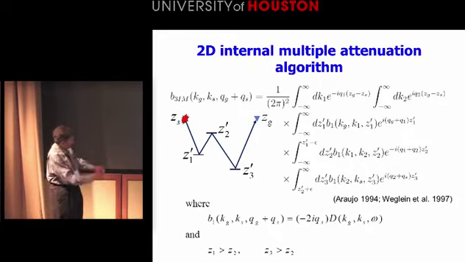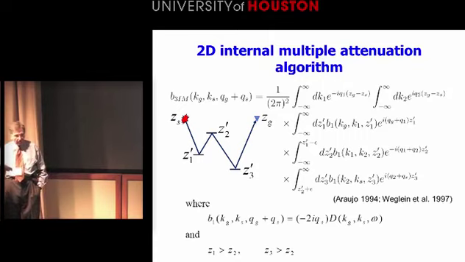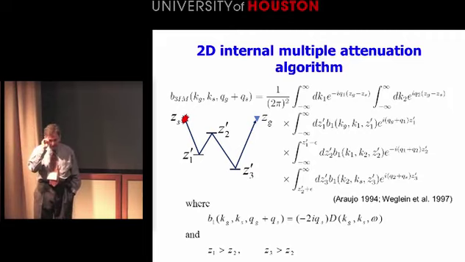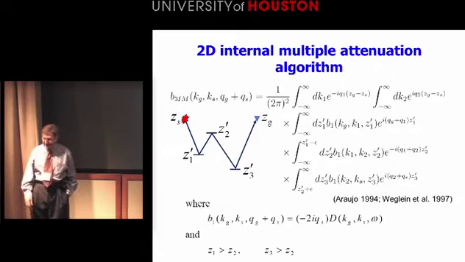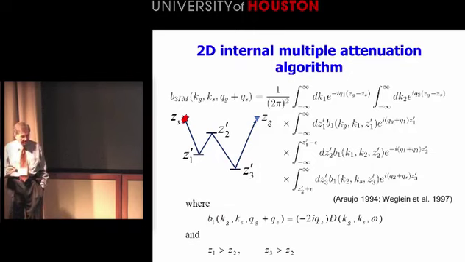This is assuming the free surface multiple has already been removed. So this is a costly algorithm. And the new algorithms that you're going to see today that have the promise of elimination are not going to be cheaper. And that's why Michael Peroni is cheaper computing-wise.